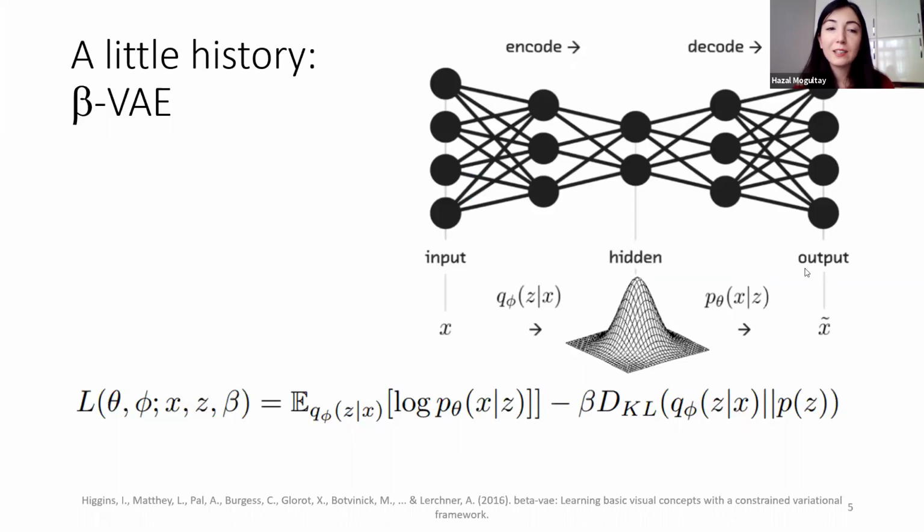So if we take a look at the history of disentanglement, beta variational autoencoders are like one of the first methods to achieve disentanglement. You may already know that in standard variational autoencoders, we have an input and output space. We try to encode the given input to a hidden representation, and then we try to decode and acquire the image itself.